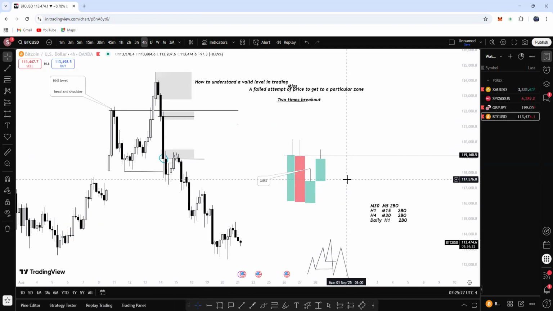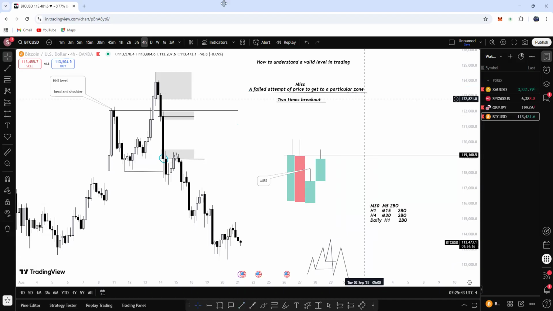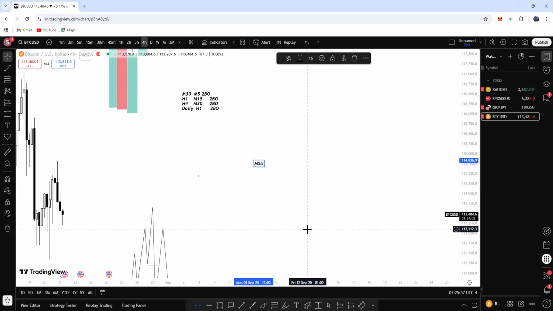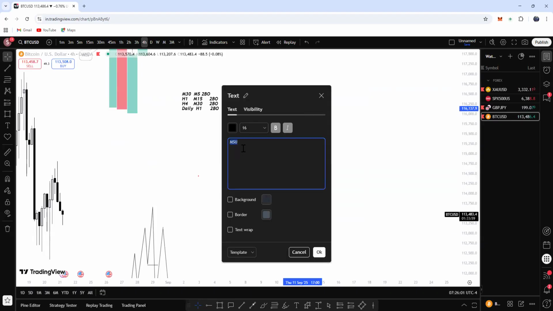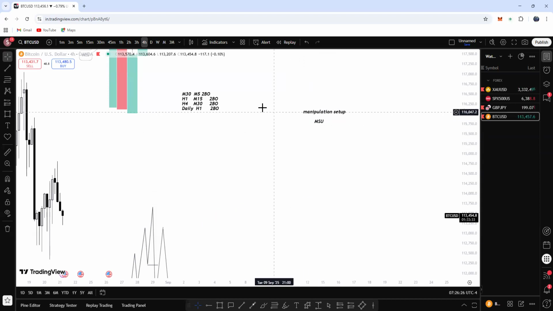The next one is our manipulation setup. We call it MSU, manipulation setup.